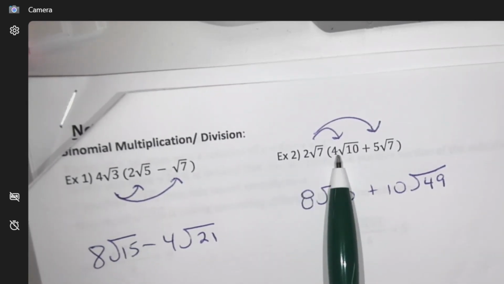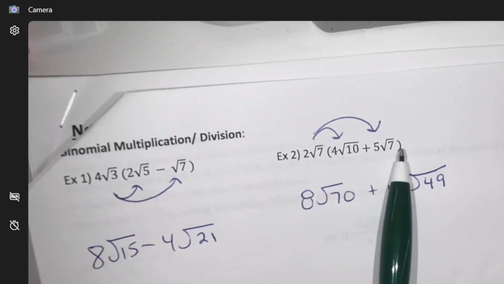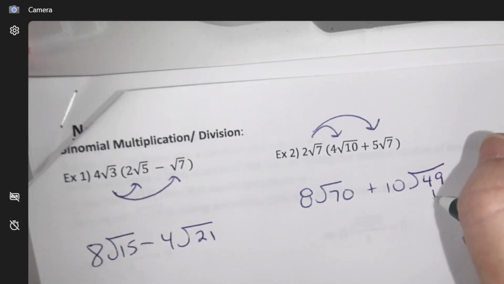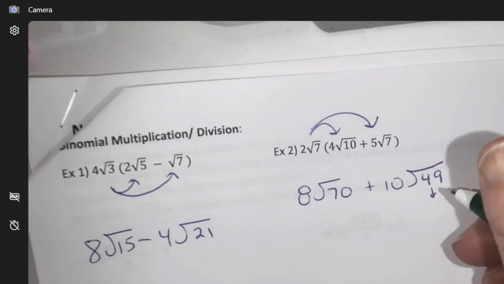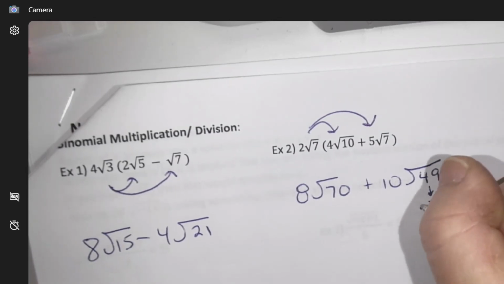Okay, so I got an 8 root 70. And here I got a 10 out front root 49. I would not leave this. You would get deductions on your test because I haven't simplified it. Because what could I do? The root of 49 is 7. And guess what else I can do?